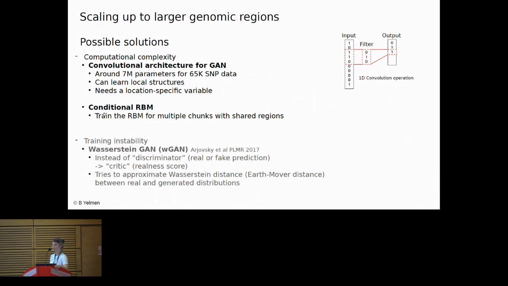And then the conditional RBM, which will generate a chunk conditionally on the previous chunk of the genome. And that's more for technicality, but just to say we also changed the classical GAN to a Wasserstein GAN because it's been shown to be way more stable in terms of training.